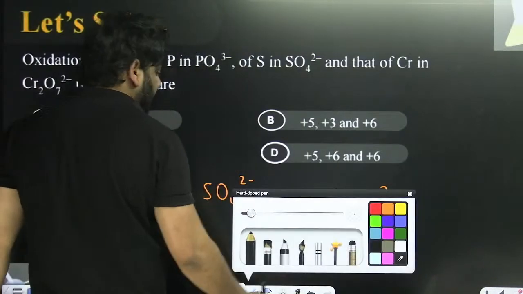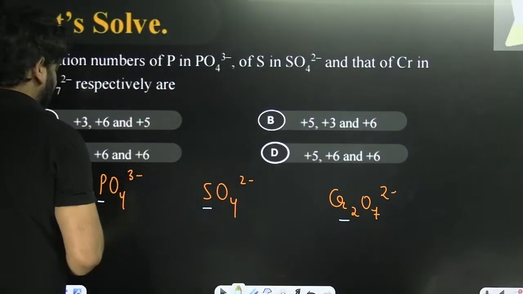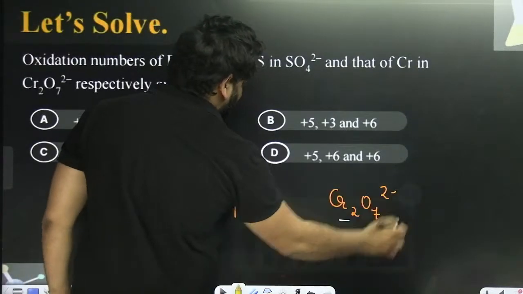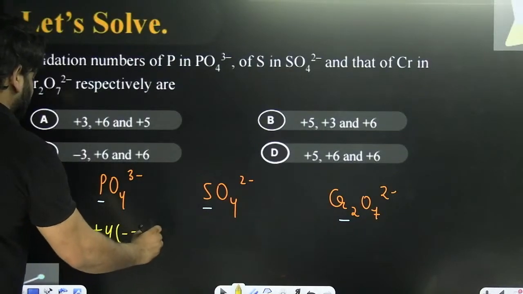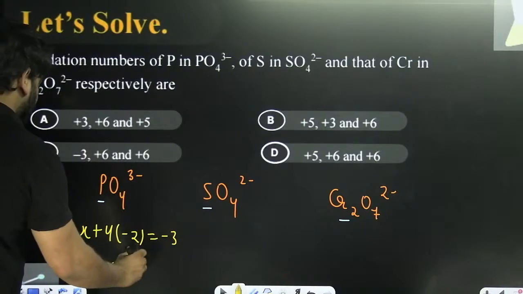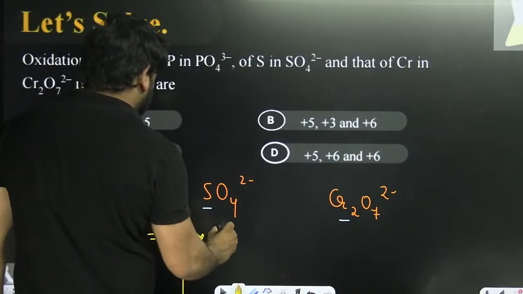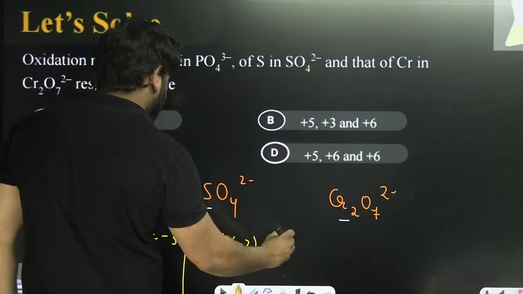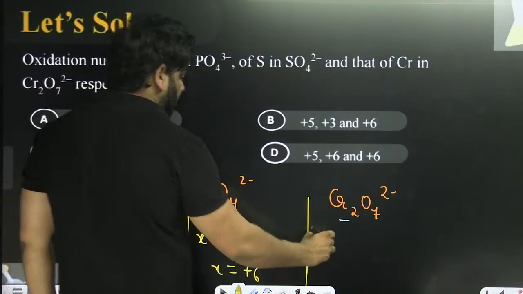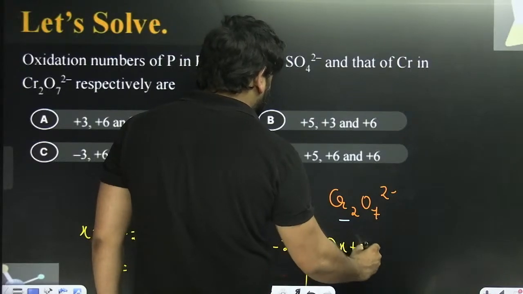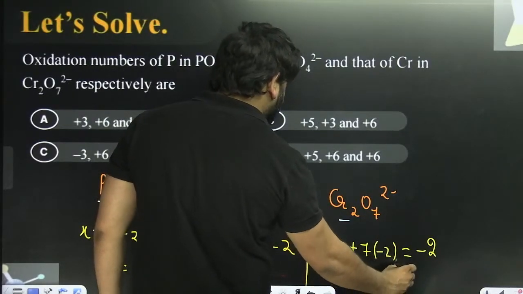Out of these three, if I have to find the oxidation state of phosphorus, sulfur and chromium, I'll simply calculate: x plus 4 times minus 2 is equal to minus 3, so x comes up as positive 5. Here x plus 4 times minus 2 is equal to minus 2, and x comes up as positive 6. Here 2x plus 7 times minus 2 is equal to minus 2, then x comes up as positive 6.